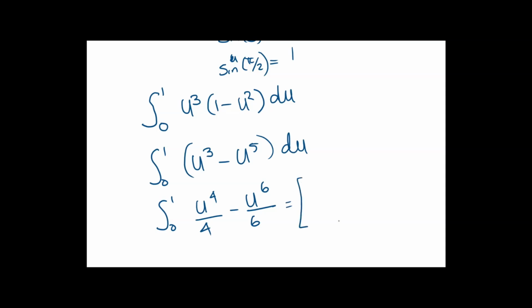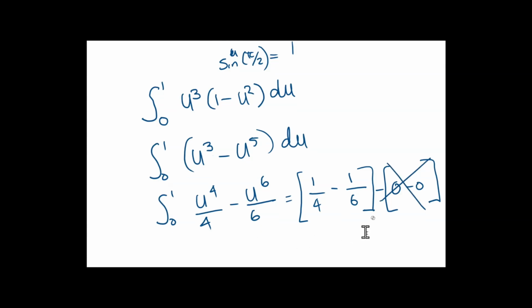So let's work out when u equals 1. So 1 to the power of 4 is 1 over 4, minus 1 to the power of 6 is 1 over 6, minus 0 in there. 0 to the power of 4 is 0 divided by 4 is 0. 0 to the power of 6 is 0. So we don't worry about that at all.